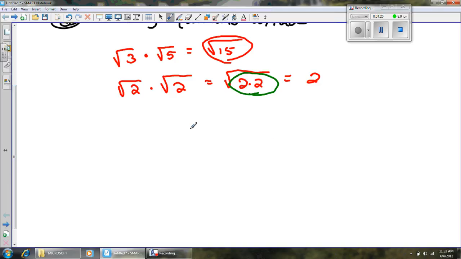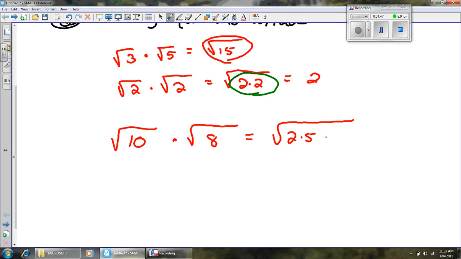If I have something like this, say rad 10 times rad, I don't know, let's go with 8. Now, I could call that rad 80, which it would be, but I could also think about it as 2 times 5 times 4 times 2.